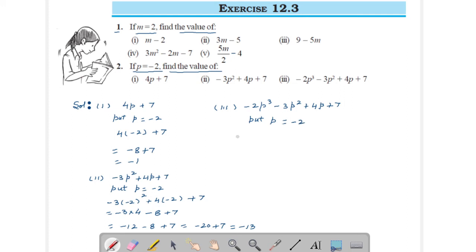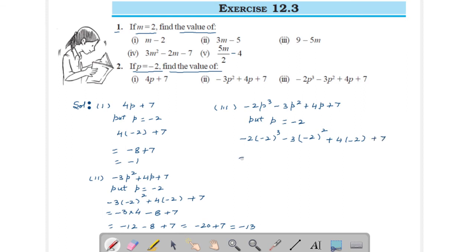What will you get? Replace p by minus 2. Minus 2 cube minus 3, here again replace p by minus 2, it is minus 2 whole square plus 4, again replace p by minus 2, plus 7.